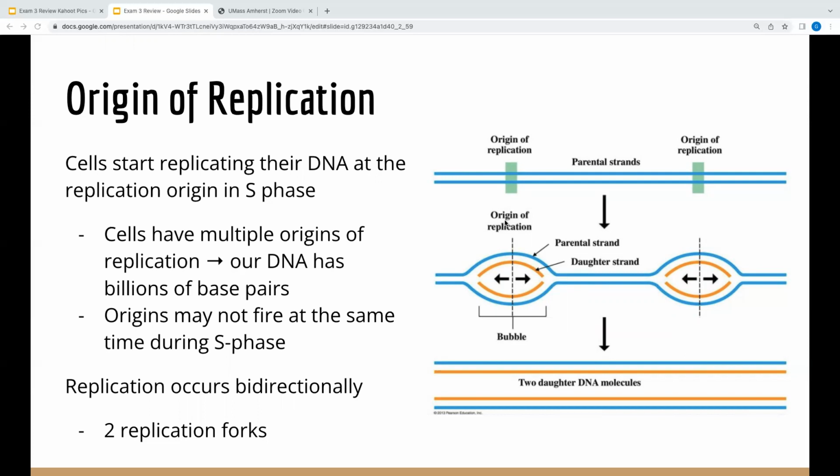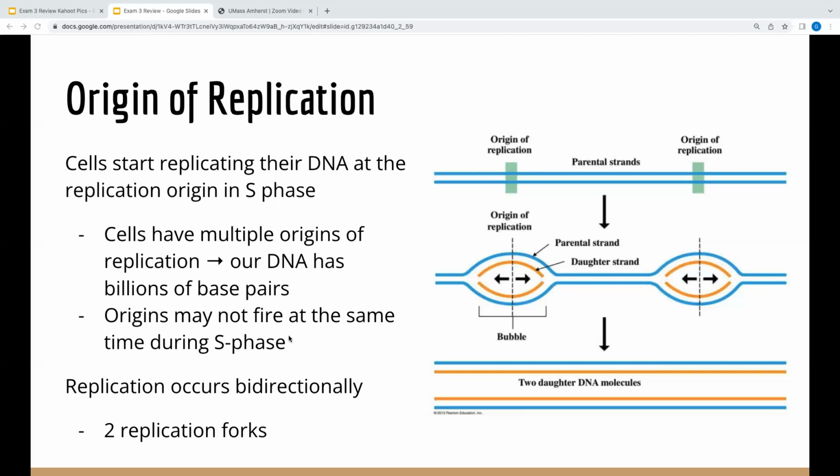And so every origin of replication is going to cause this bubble as shown, and on each side there'll be a replication fork with the helicases, and then on the top and bottom, depending on whether it's a lagging or leading strand, there will be DNA polymerase working in either sections or fully through.